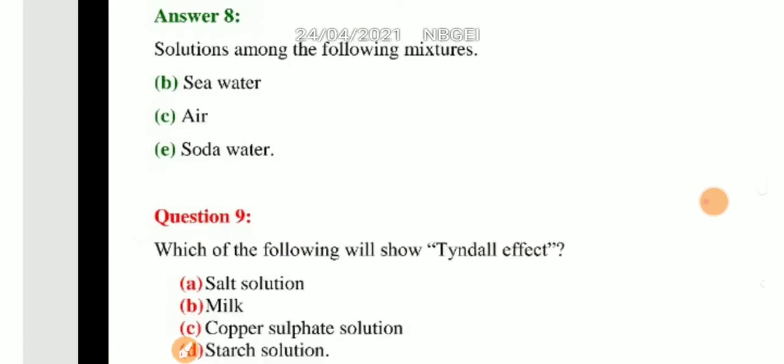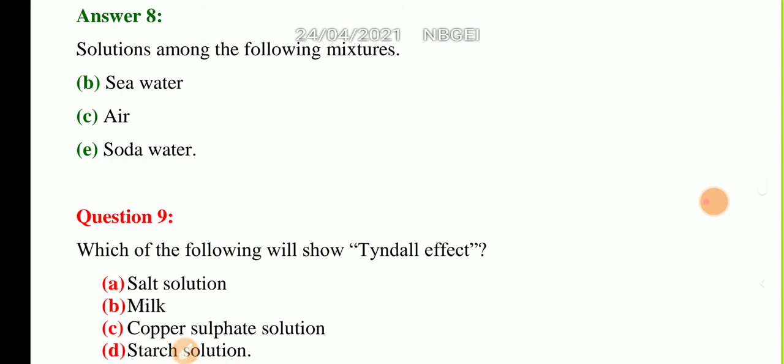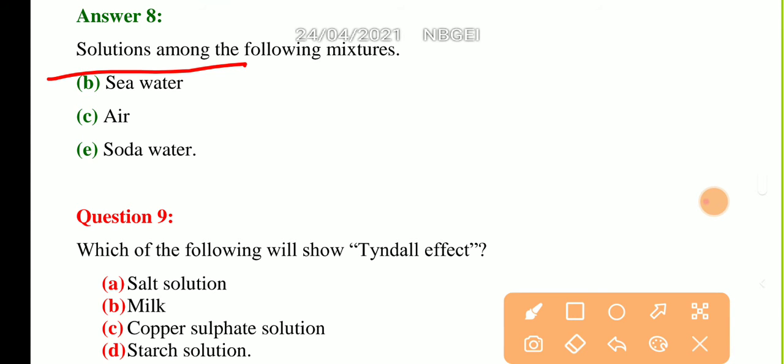Okay. So here is the solution of question 8, the solutions among the following mixtures. In your question 8 you will see there are many options, but only some are solutions: B option, C option, and E option.